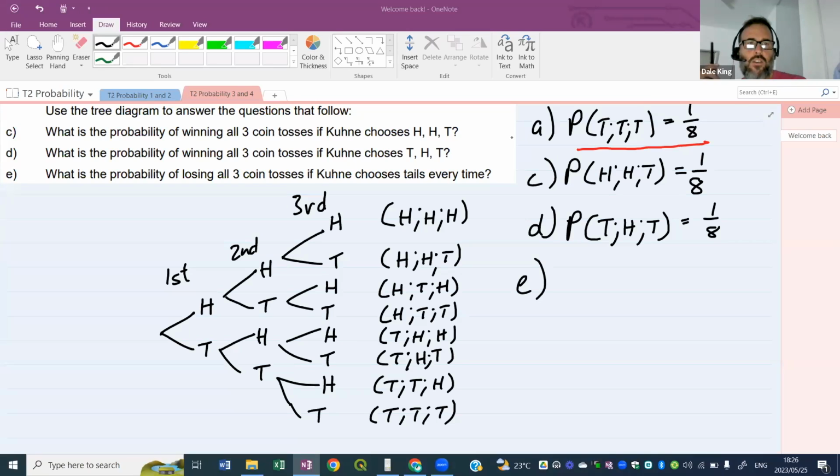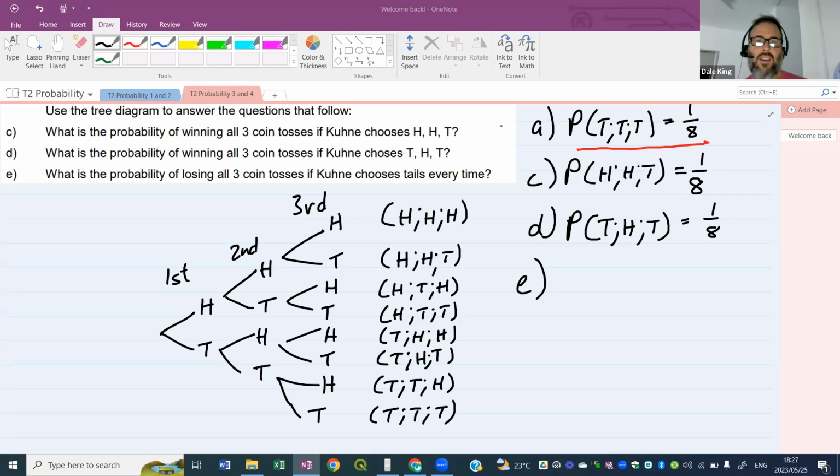Now listen carefully. They're asking you here, what's the probability that he will lose or not get that? How many times do you see in this scenario that he will not get tails, tails, tails? So we see tails, tails, tails once out of the 8 possible. Do you agree with me? Yes, sir. Okay. What's the probability of not getting that?